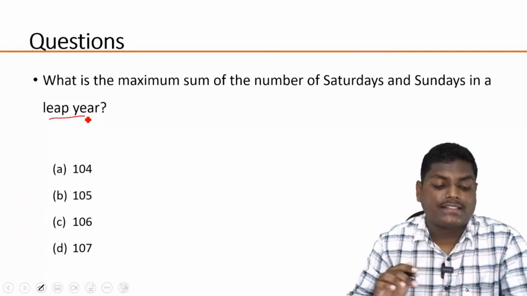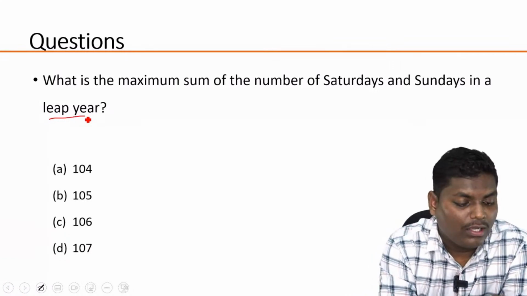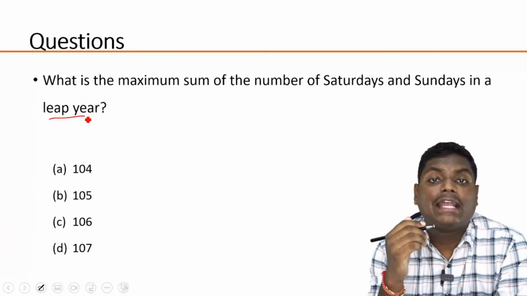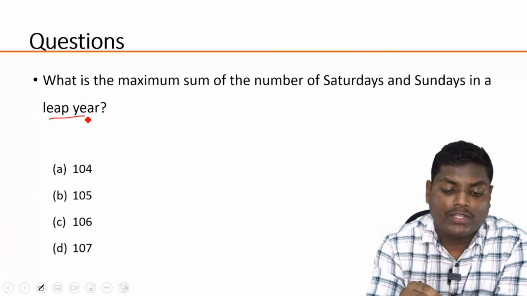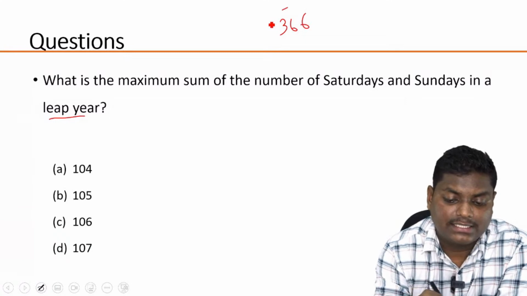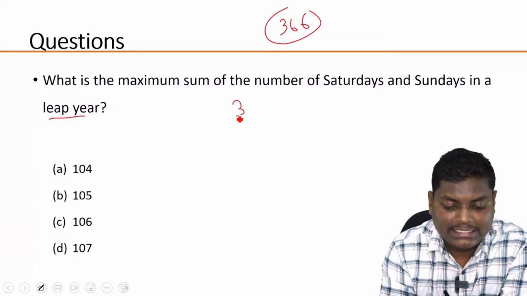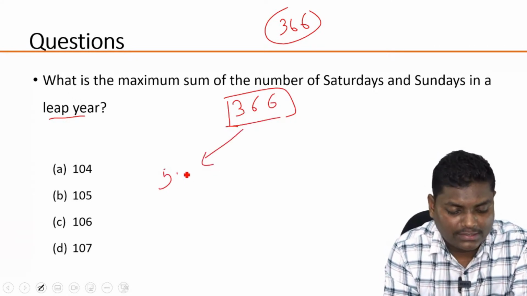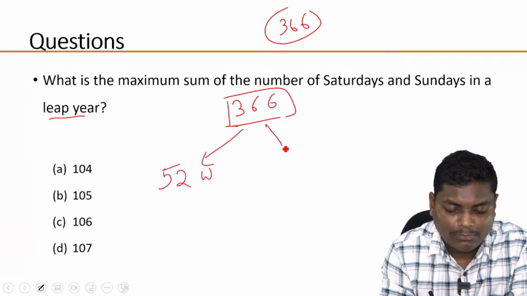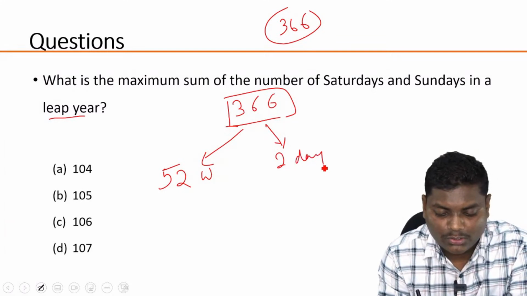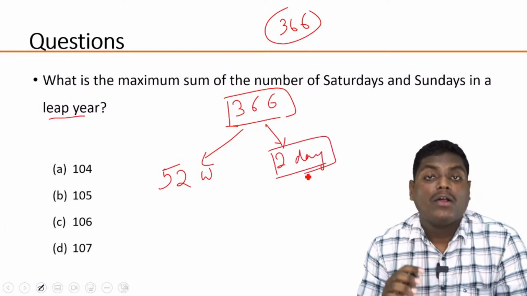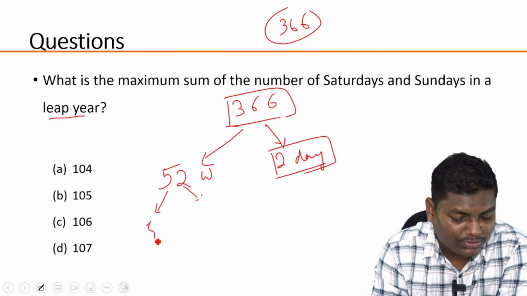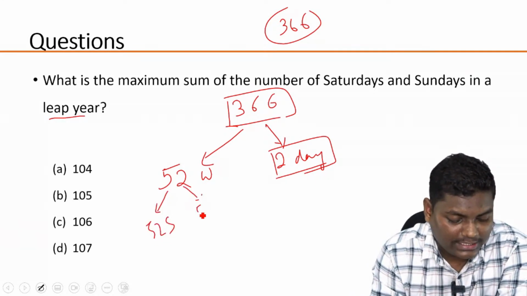So let's try and understand this. What is the maximum number of Saturdays and Sundays in a leap year? In a particular leap year, we have 366 days. This 366 days is broken into 52 weeks plus 2 days extra. Now in these 52 weeks, we'll have 52 Saturdays and 52 Sundays.